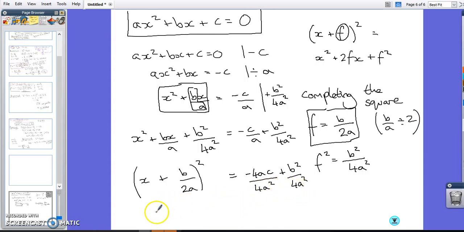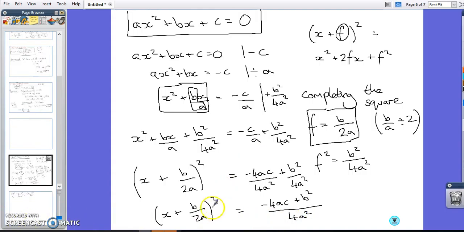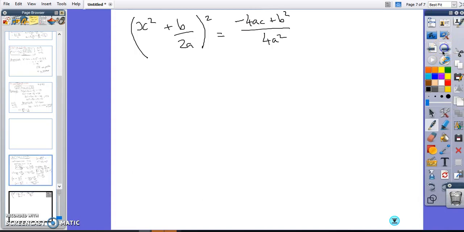So this right-hand side then, I can write, I have x plus b over 2a squared, and on the right-hand side I can write it as minus 4ac plus b squared over 4a squared. And I've written this expression over on the next page so that we can carry on.